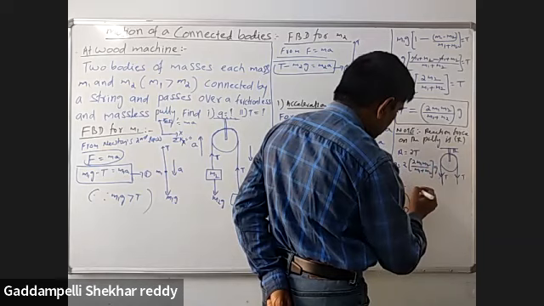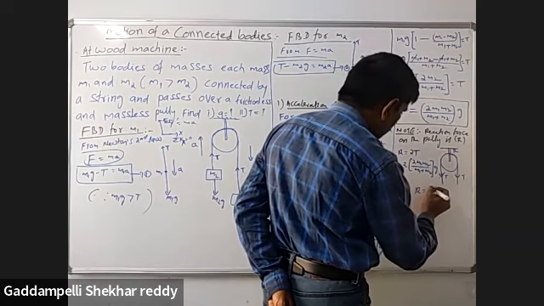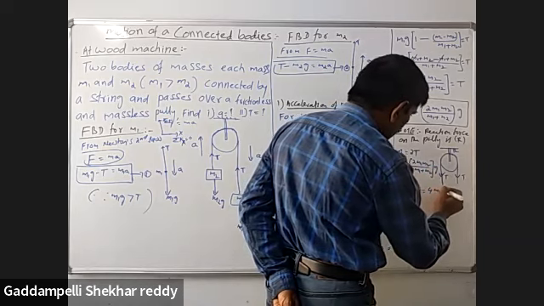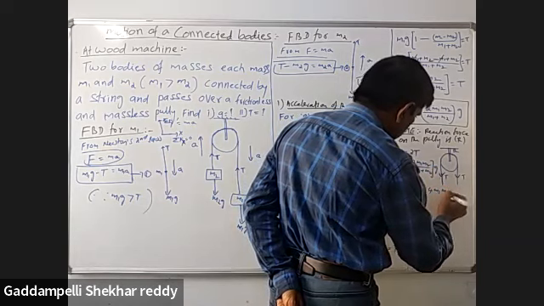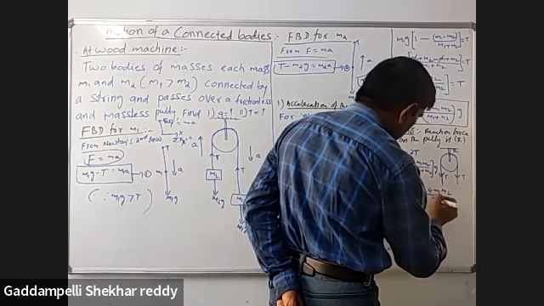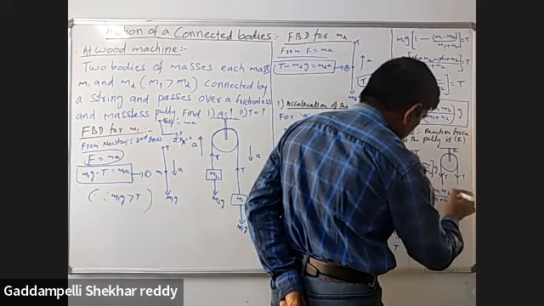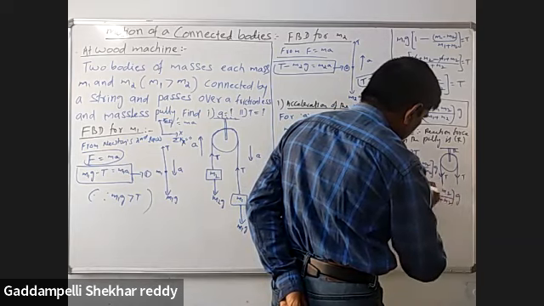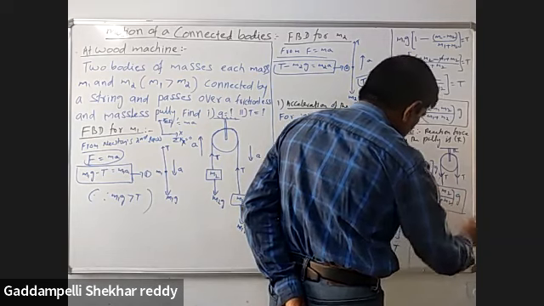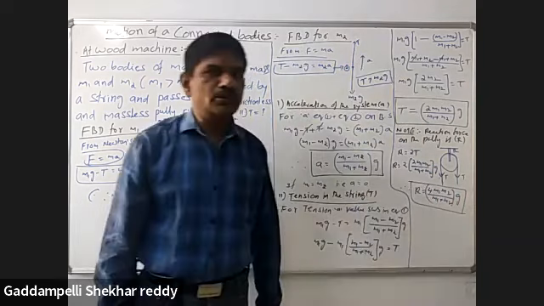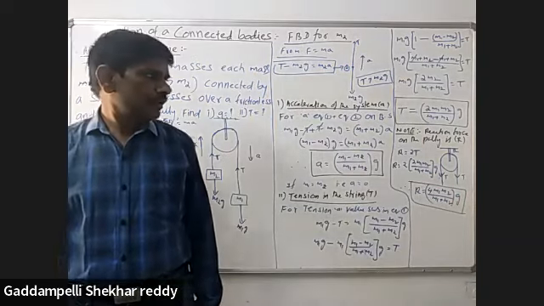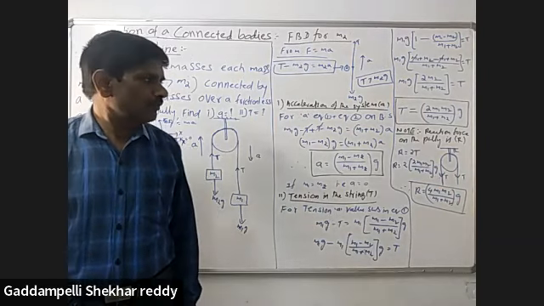Therefore reaction force R is equal to 4 m1 m2 by (m1 plus m2) into g. So this is the reaction force on the pulley.